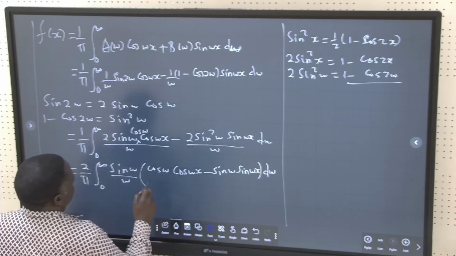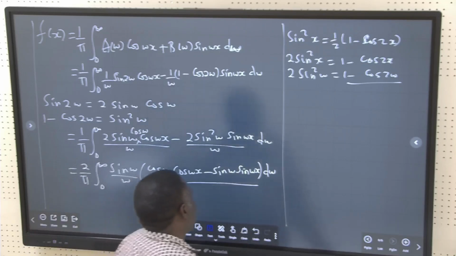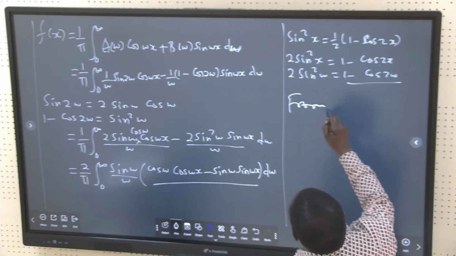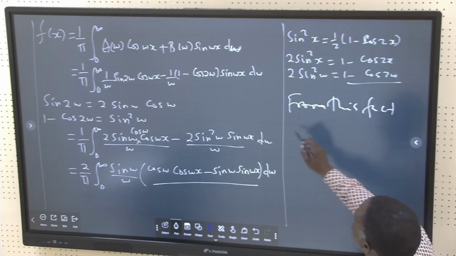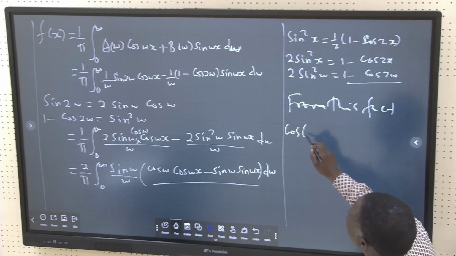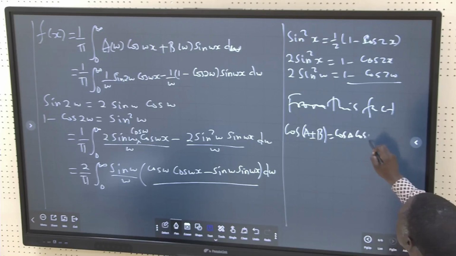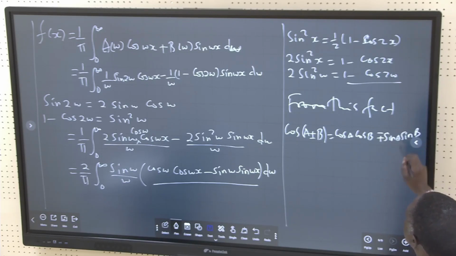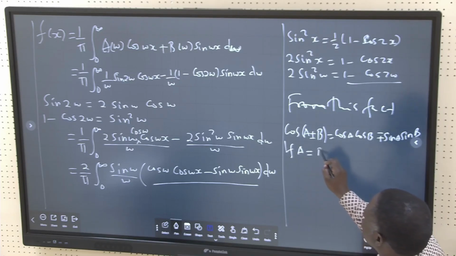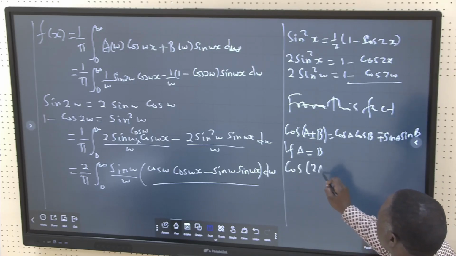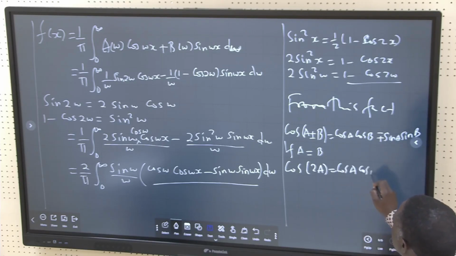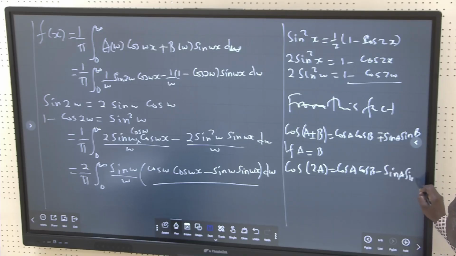What is this? From the fact that cosine of a plus or minus b equals cosine a cosine b minus or plus sine a sine b, using the plus case we say cosine of a plus b equals cosine a cosine b minus sine a sine b.